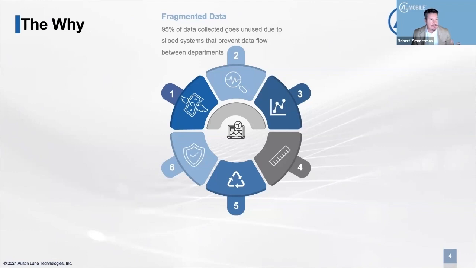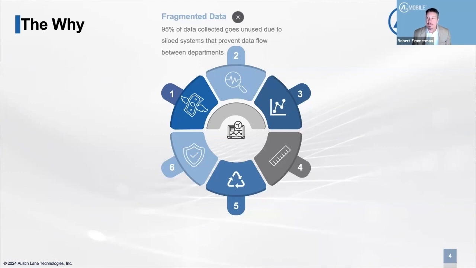Now, as you see the little statistic up here, fragmented data, 95% of data collected goes unused due to siloed systems that prevent data flow between departments. And that is a tragic number because your data is your most important asset that you have. And construction people may disagree, right?